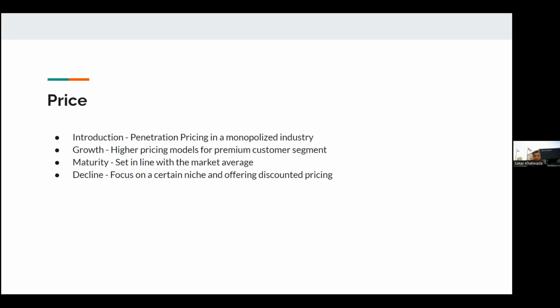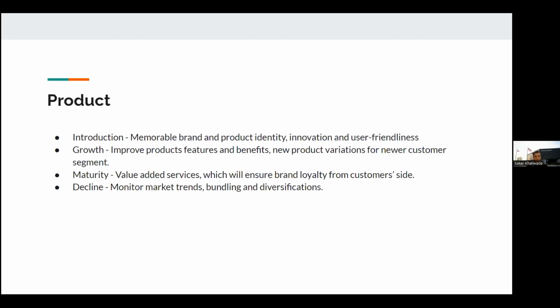That means we can just focus on a certain niche and offer products and services to them. Offer pricing according to what the niche wants. At the decline stage, since the customers are decreasing, and the demand for the product will be decreasing in the near future, Worldlink may focus on that particular niche, which still requires the particular product, and price accordingly.